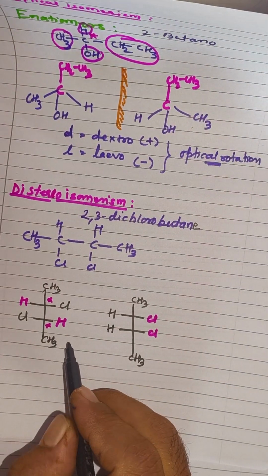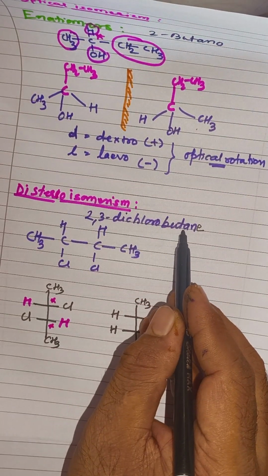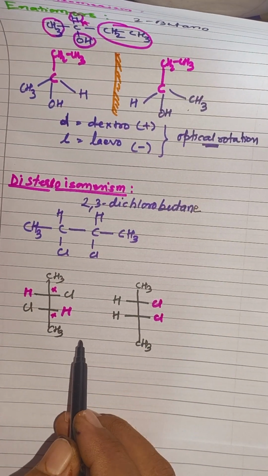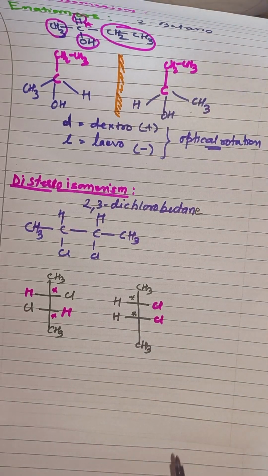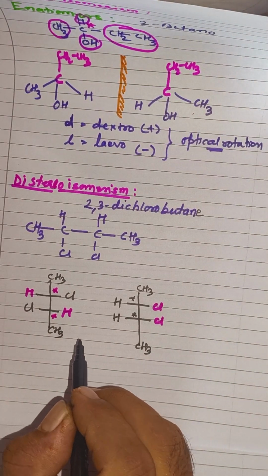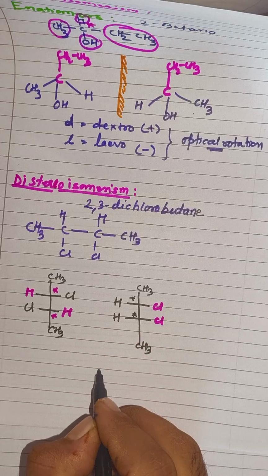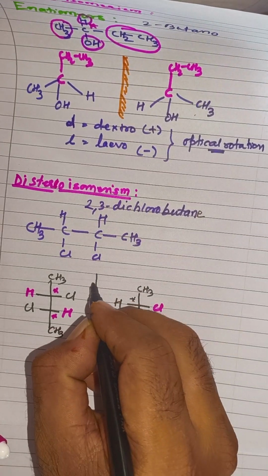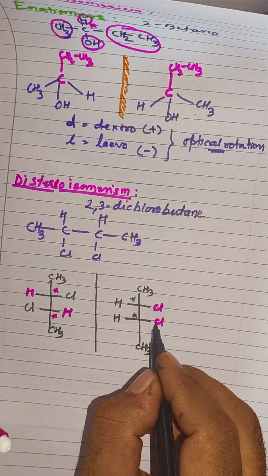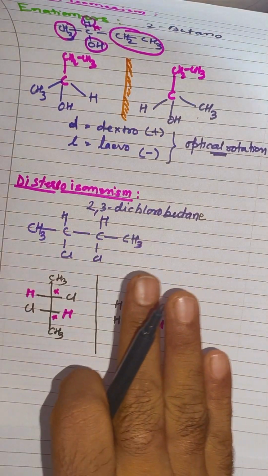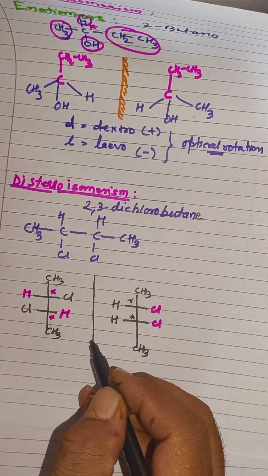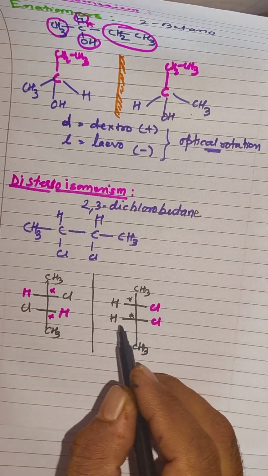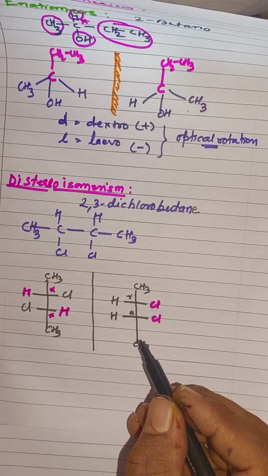Both these compounds are nothing but 2,3-dichlorobutane. But what is the difference? You can see it here. Here also two chiral centers are present. But you can see they are not mirror images of each other. These two are not mirror images, and they are not the same as an object. They are also not similar. Because there is a difference, that's why they are called diastereoisomers.